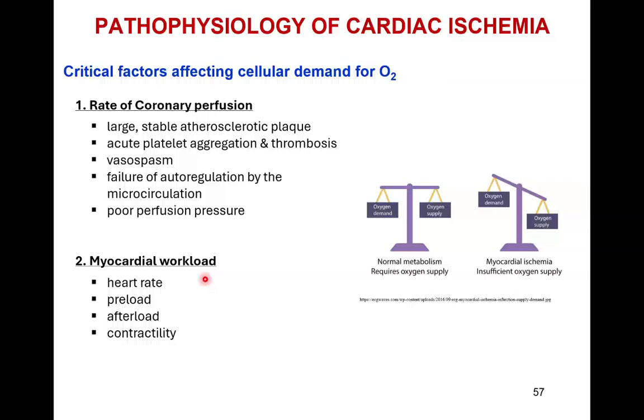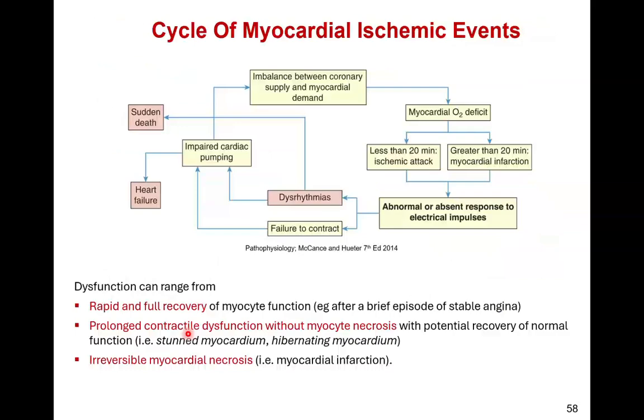Increased afterload is really the backwards pressure on the SL valves. If you increase contractility, that's all increasing the workload of the heart, right? So we've got supply and demand. Those two must always be balanced. Otherwise, we've got ischemia and we've got problems.